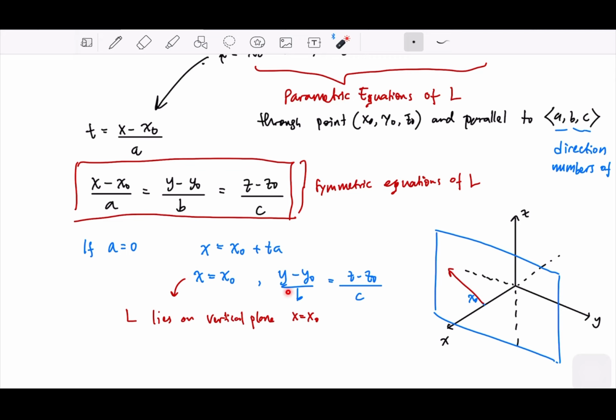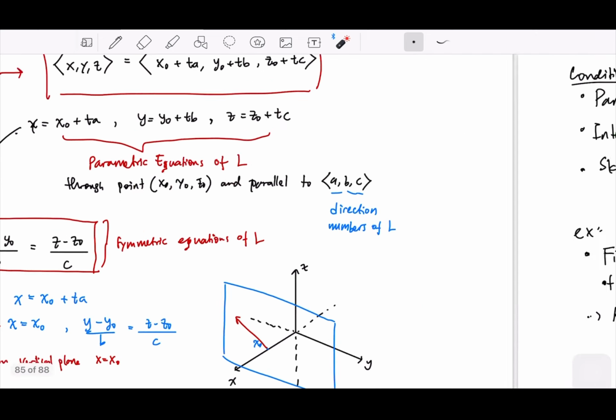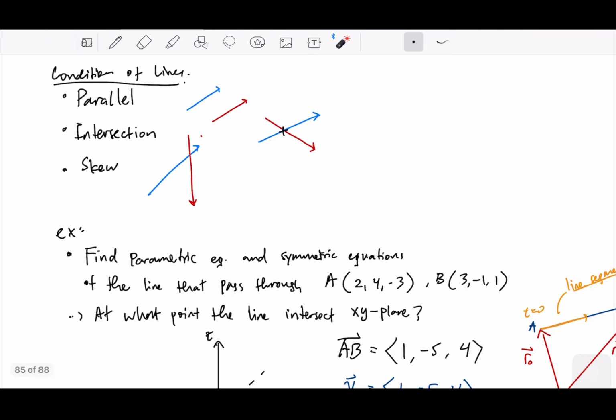The implication is that the line will be in a vertical plane, the plane x equals x0, so there will be no x direction for the vector.